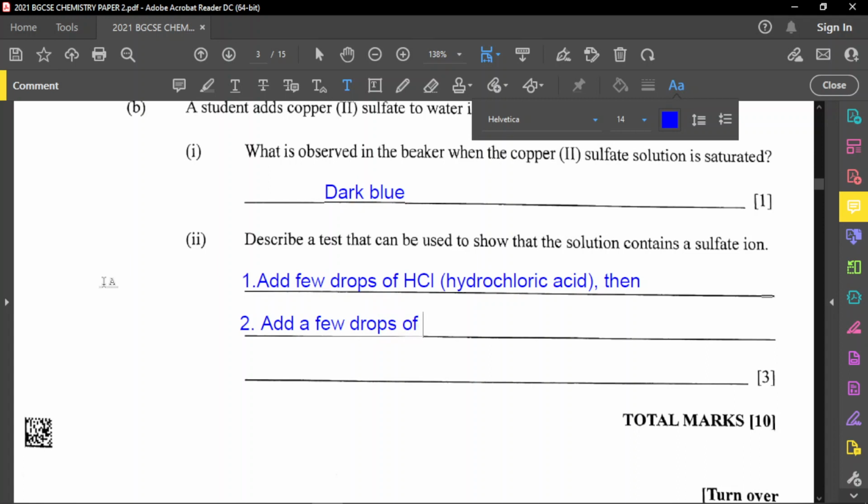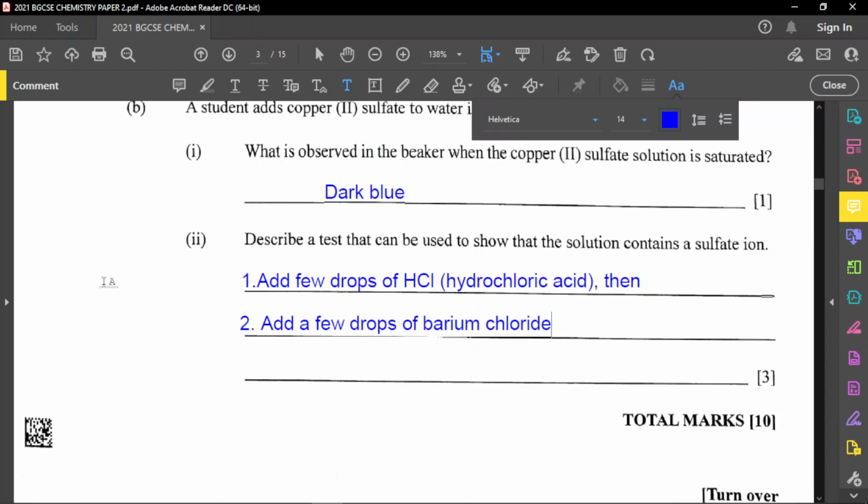If you don't have drops, you can add 2 ml or 1 ml depending, so you can use more than just a few drops. But if you have a small test tube, a few drops will be sufficient. Barium chloride is BaCl2.